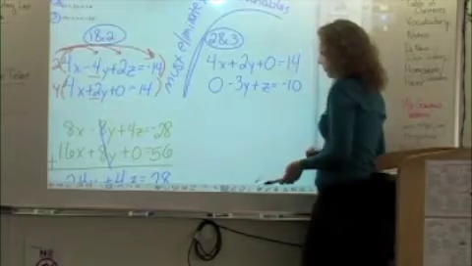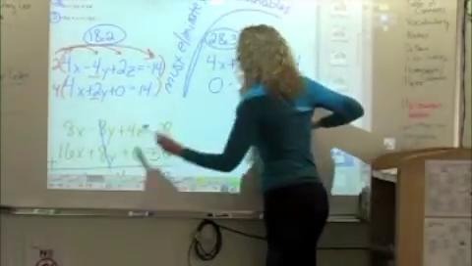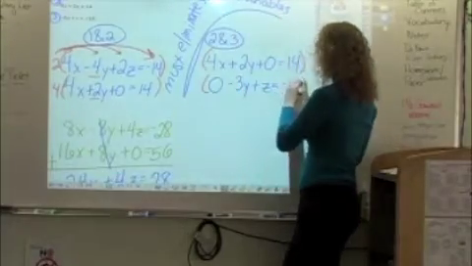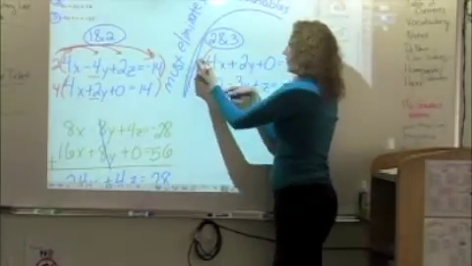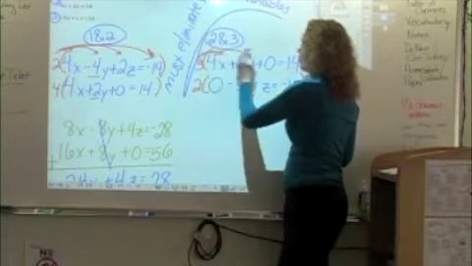All right, so now I'm going to go ahead and I look at this one and I say, all right, I have to get rid of the y's. So I'm going to put the 3 out here, the 2 out here. They already have opposite signs. So I'm good to go.